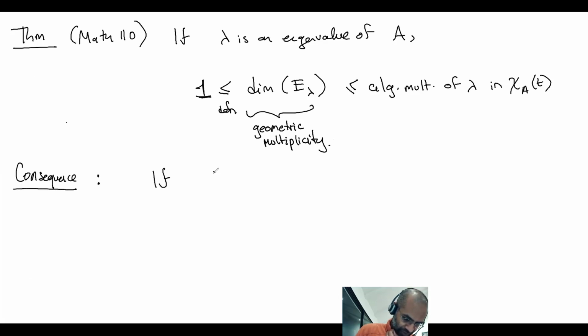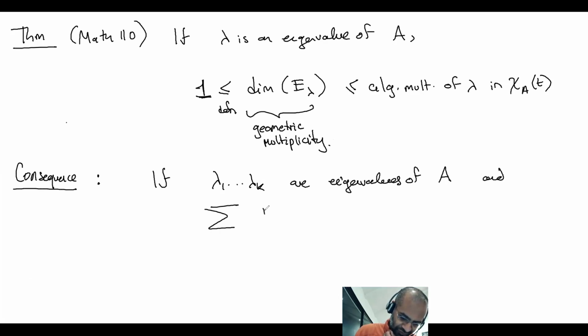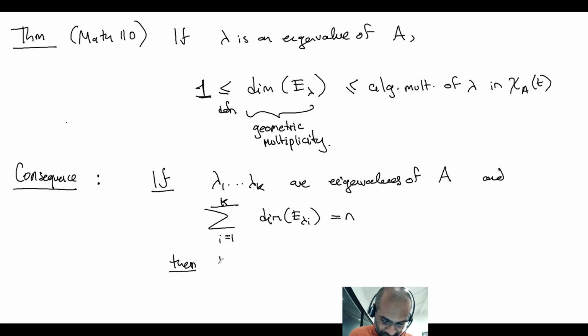If lambda 1 through lambda k are eigenvalues of A, and the sum of the dimensions of the eigenspaces is equal to n, then the union of bases of the E lambda i's is linearly independent.